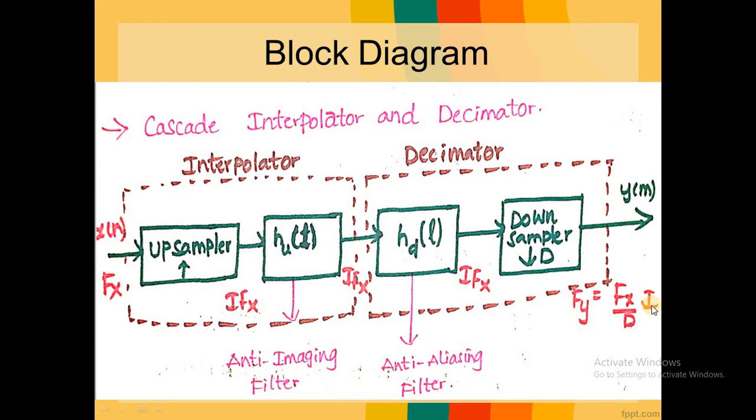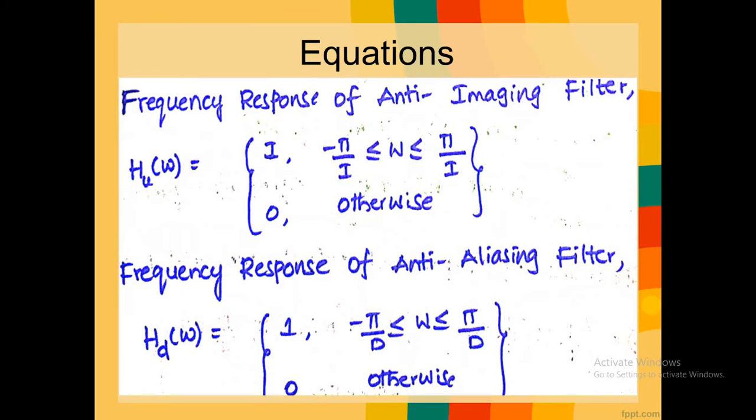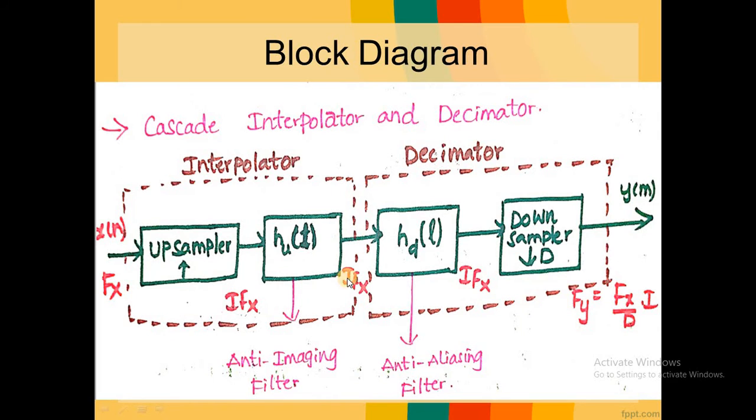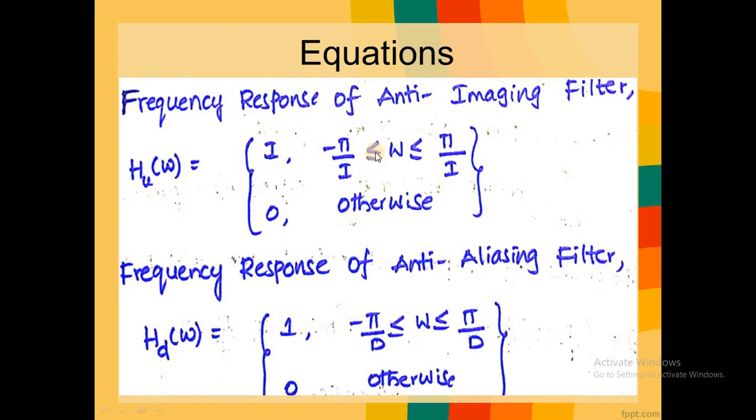Okay, we can proceed with the equations. The frequency response of the anti-imaging filter H_U of L is given as H_U of omega equal to I, where omega is the angular frequency ranging from minus pi by I to plus pi by I, and 0 otherwise.